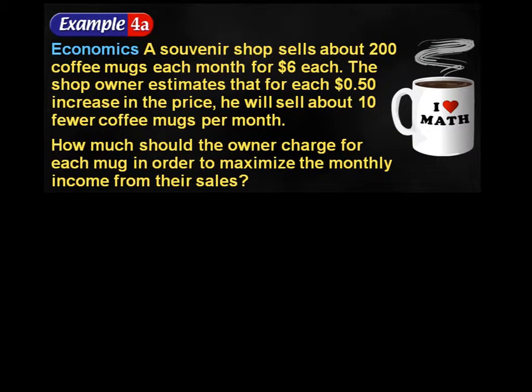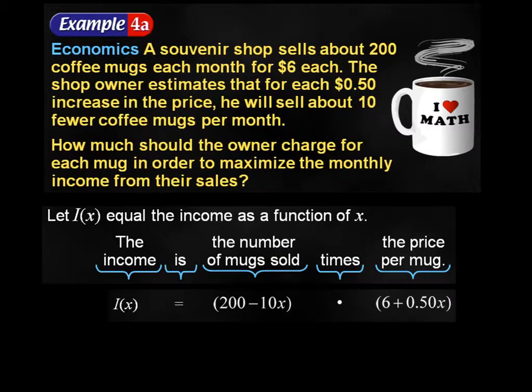A souvenir shop sells about 200 coffee mugs each month for $6 each. The shop owner estimates that for each 50 cents increase in price, he will sell about 10 fewer coffee mugs per month. How much should the owner charge for each mug in order to maximize the monthly income from their sales?